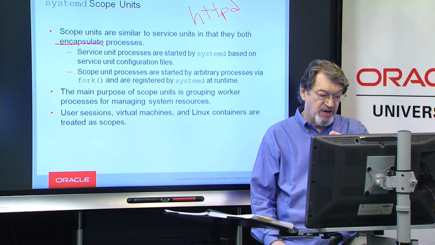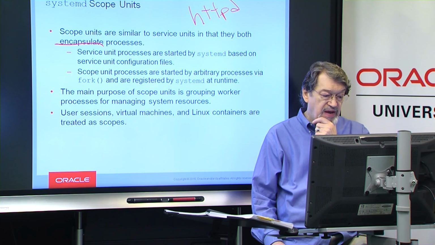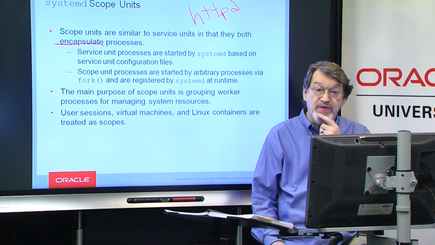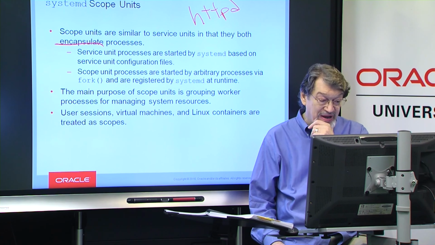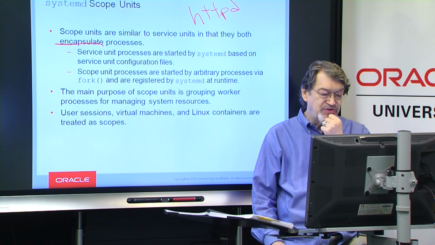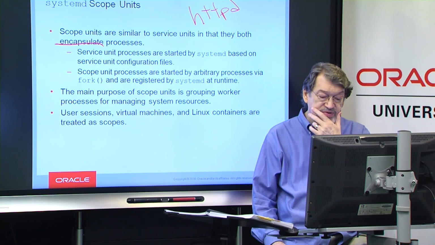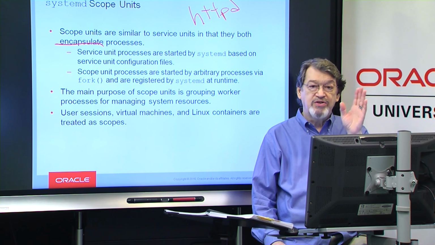All right, that's what that's all about. The main purpose for system units is grouping worker processes for managing system resources, which it does very, very well. User sessions, VMs, and Linux and Docker containers are all treated as scopes.